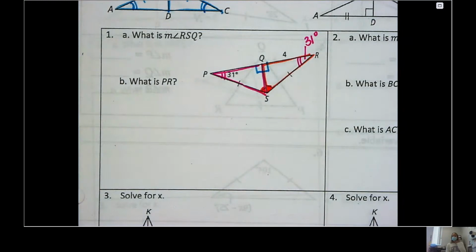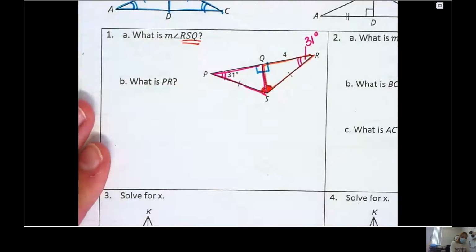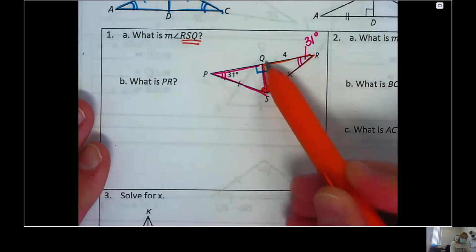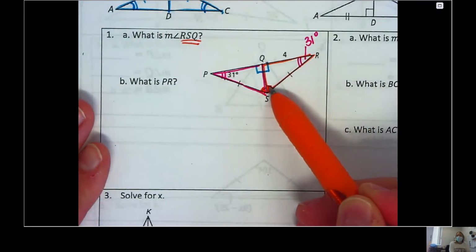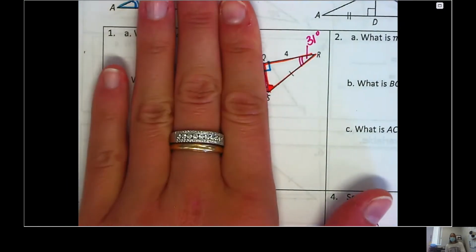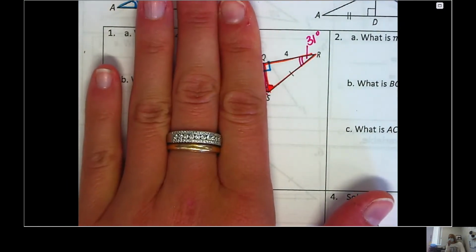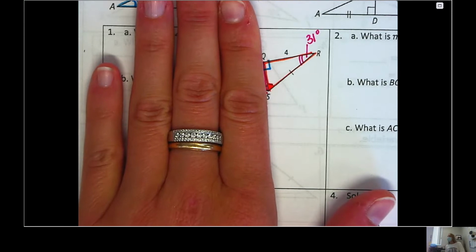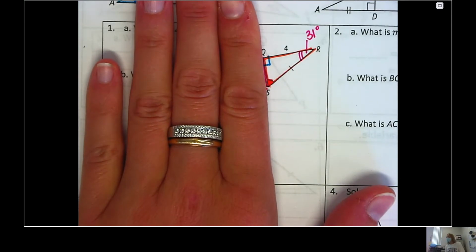It's just flipped. Okay, so the first question is, what is the measure of angle RSQ? RSQ. So I want to know what's just this little piece in here. So I'm going to ignore the triangle on the left. I'm just going to look at the triangle on the right. How would I figure out what that one angle is? What would I have to do?